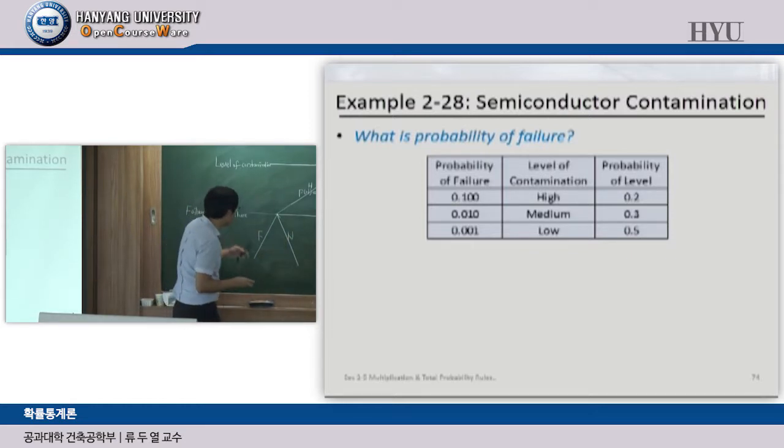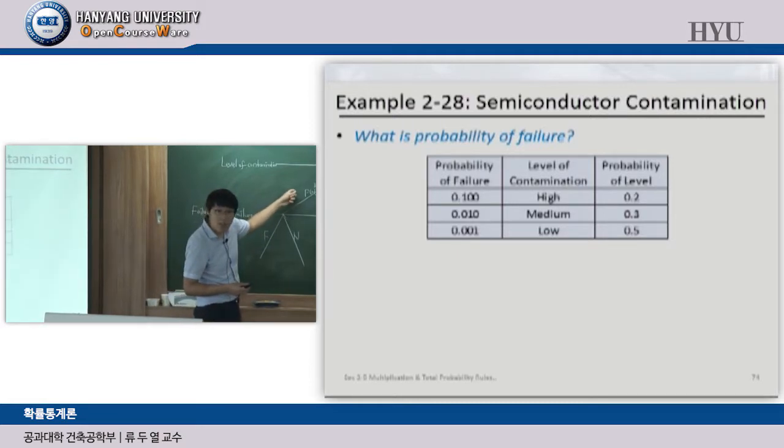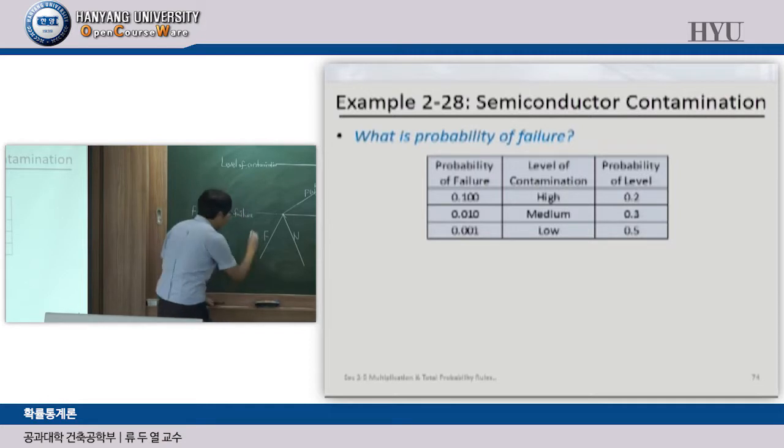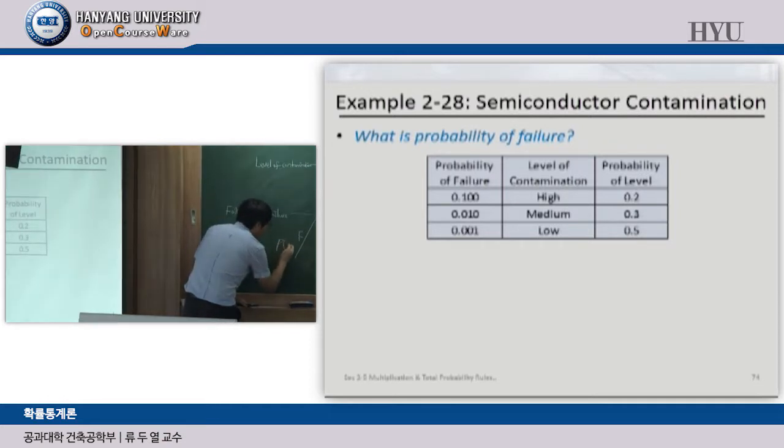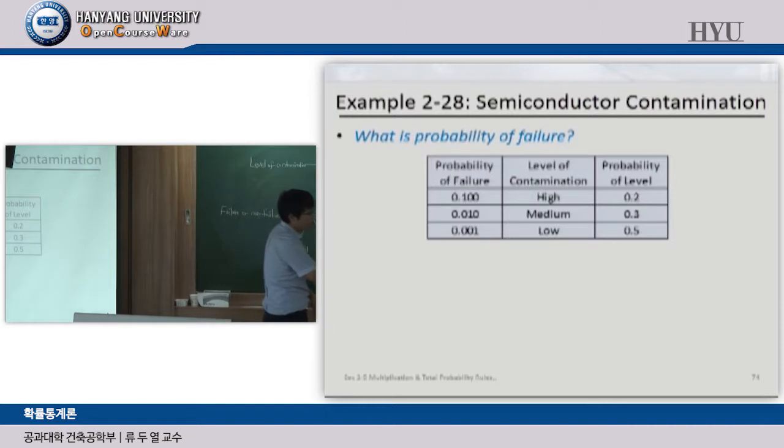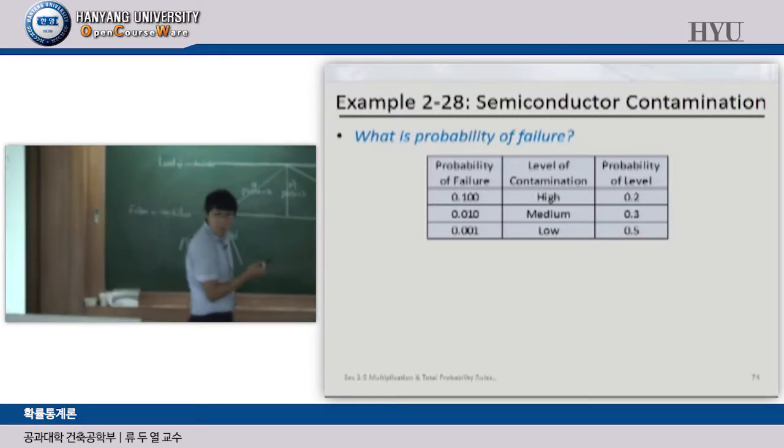But in this case, we can have the probability of failure when there is a high contamination, right? So that is a conditional probability, right? So the conditional probability of F given H equals 0.1 here, right? This is the probability of failure when the high level of contamination is obtained.